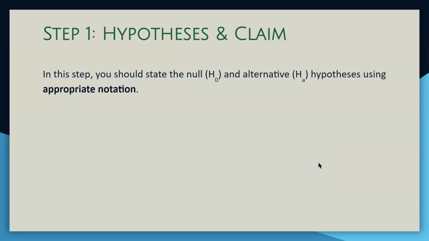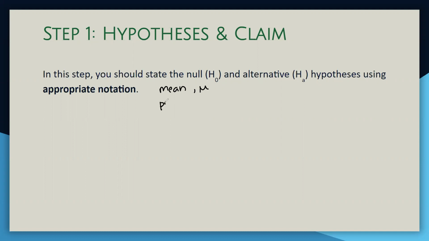So first, we're stating our null and alternative hypotheses using appropriate notation. So if it's a claim about a mean, you should use the symbol for population mean. And we know that that symbol is mu.